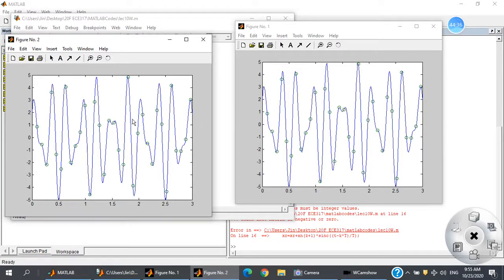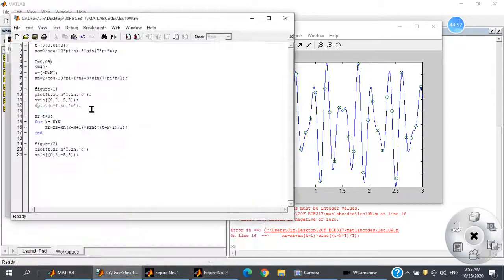Theoretically, if T is smaller than the Nyquist sample step, then these 2 signals should be exactly the same. But when you take samples, you can only take finitely many. Like here I take samples only from negative n to positive n, so the total number of samples is 2 times n plus 1.